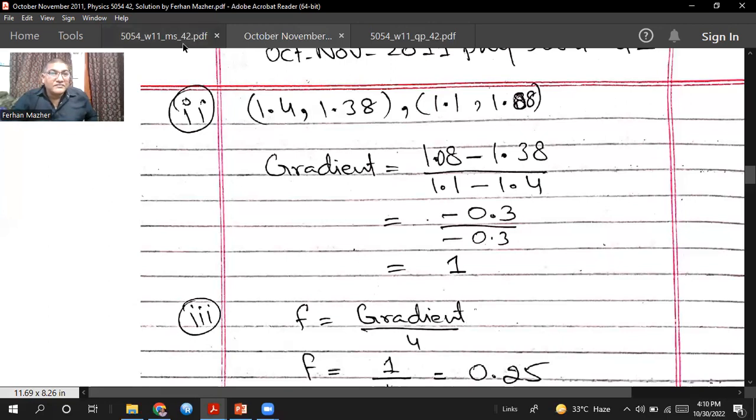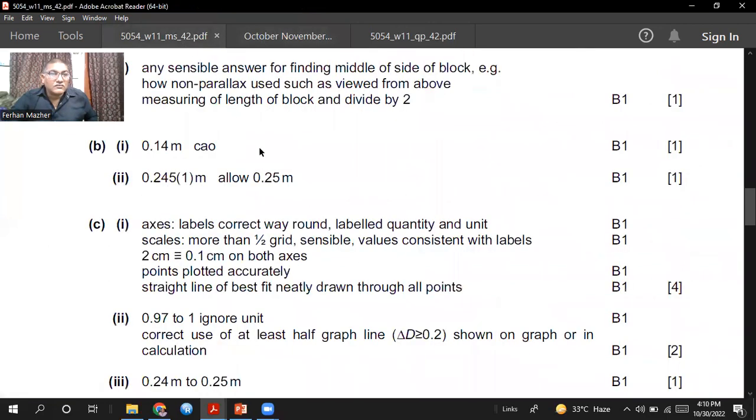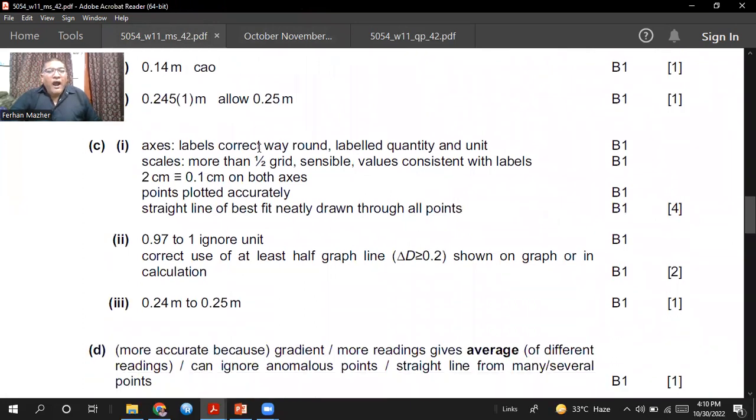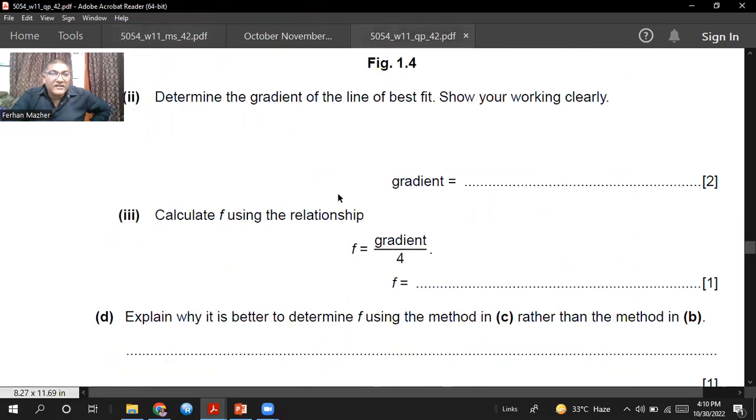So let's check. You can see it's up from 0.97 to 1. So our answer is right.